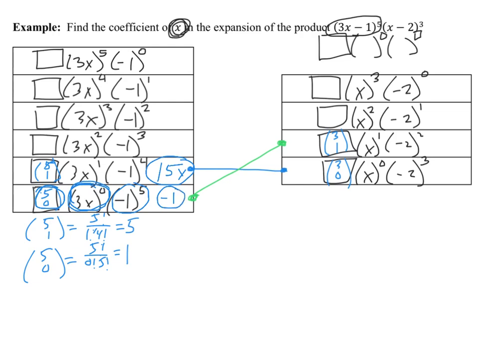Okay, so now I just need to go through a similar process and figure out what these two terms are going to be so that when I multiply them out, I can figure out what the coefficient of x is going to be. So similarly over here, I'm going to need to take a moment to figure out what the combinatorial coefficient for 3, 1 is. That would be 3 factorial over 1 factorial 2 factorial. That's 3.